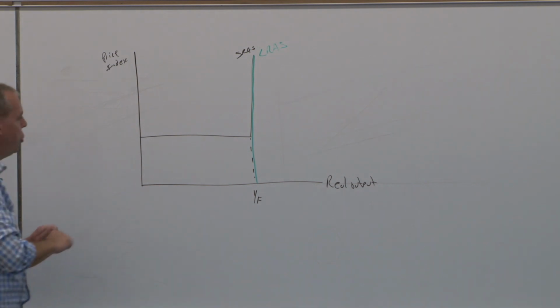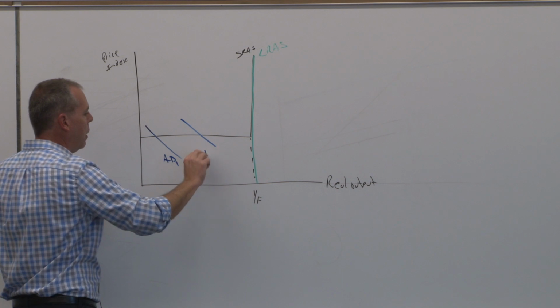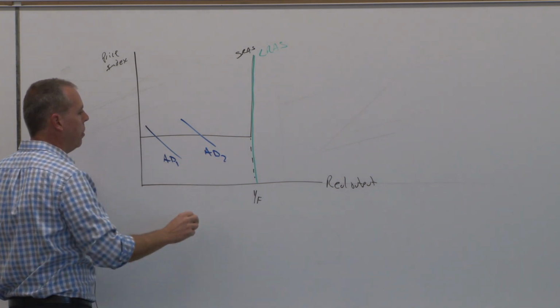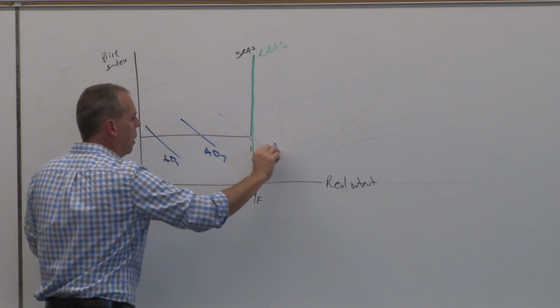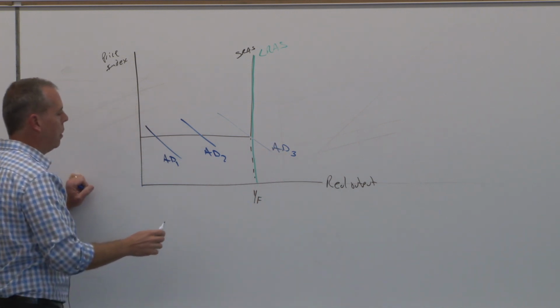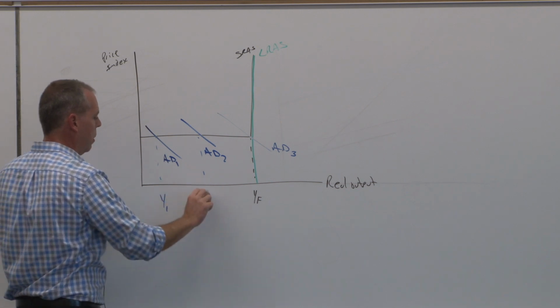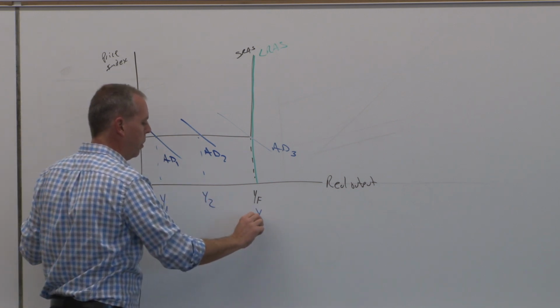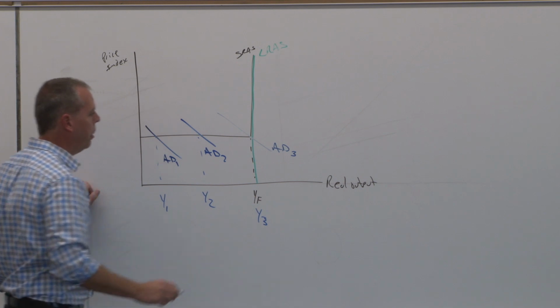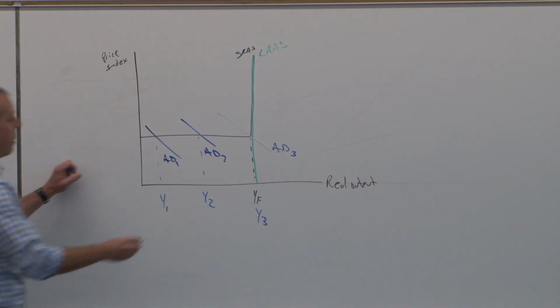And then we've got these changes in aggregate demand. So here's AD1, here's AD2, here's AD3, Y1, Y2, Y3, all right?